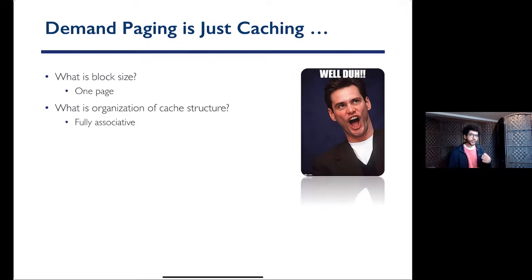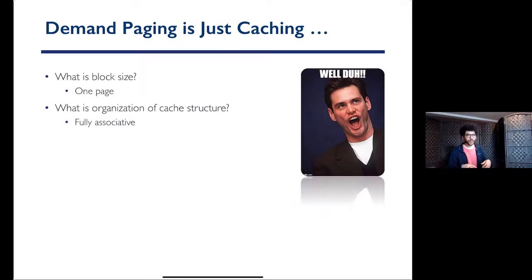If you remember, again, we had direct map cache, fully associative cache, and X-way set associative cache. With memory, we're going to pick fully associative caching, meaning that every page could be anywhere in the memory.